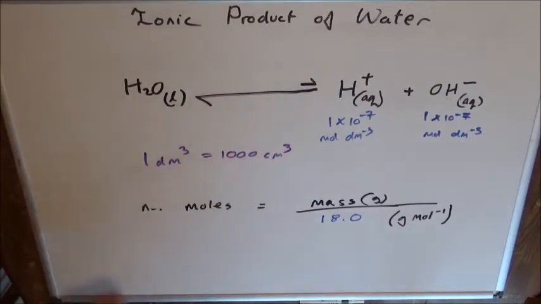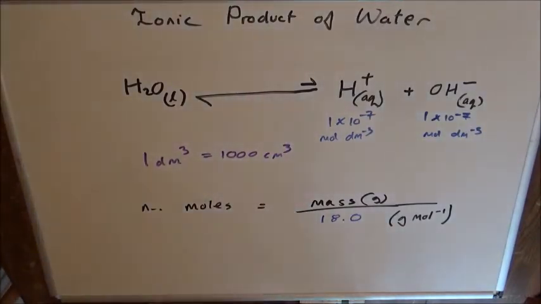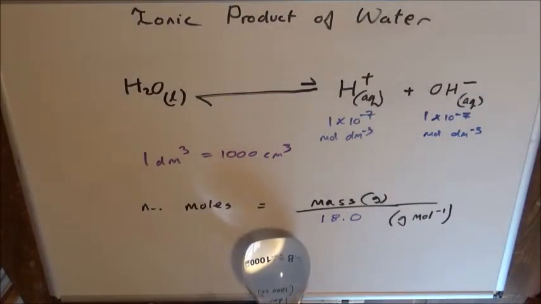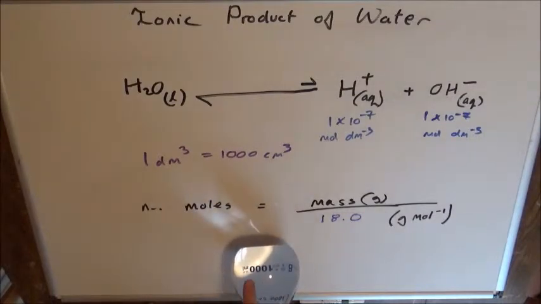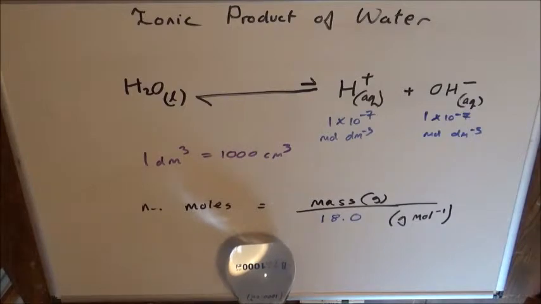Now, it is unfortunate that the glassware that you use in the laboratories has the volume written in millilitres, ml, so that's 1,000 millilitres. But we shouldn't be using millilitres. It's not the appropriate unit. We should use centimetres cubed because the metre is the appropriate base unit.